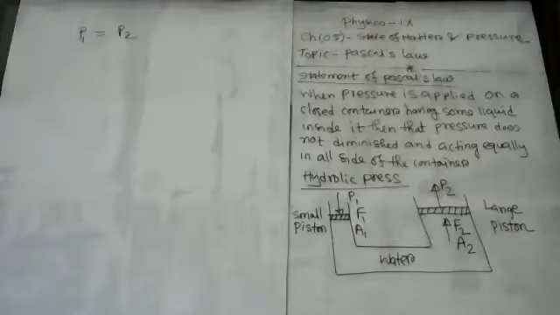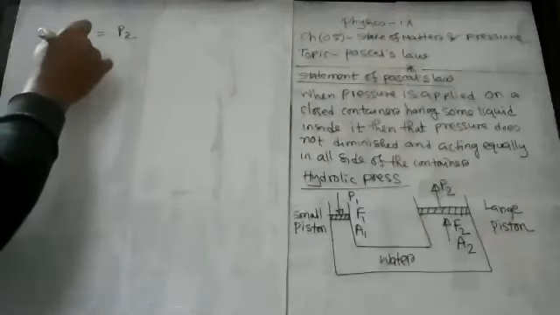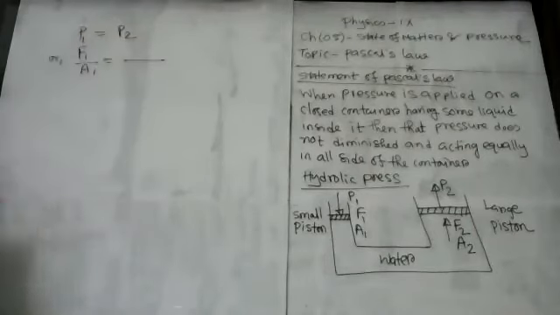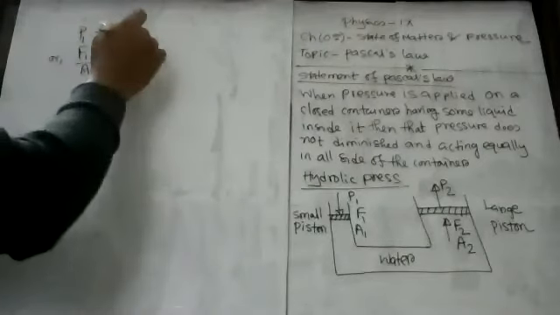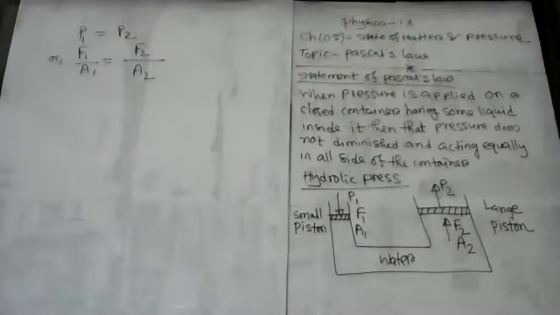Okay, very good. Now, my dear student, we can say that pressure P1 will be equal to F1 divided by A1. And again, pressure P2 will equal F2 divided by A2.